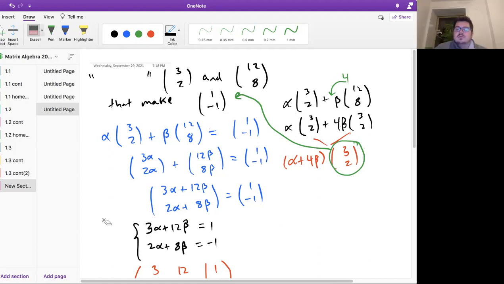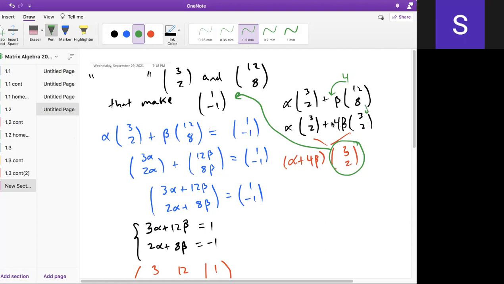Well, so can't you write alpha 3, 2 plus 4 alpha 3, 2? I mean, 4 alpha 12, 8. You could probably work around the numbers a bit. But do you see how this is true from here? Like how I can factor out a 4 here and get 3, 2? Yeah. So do you see how you get 4 beta from there?